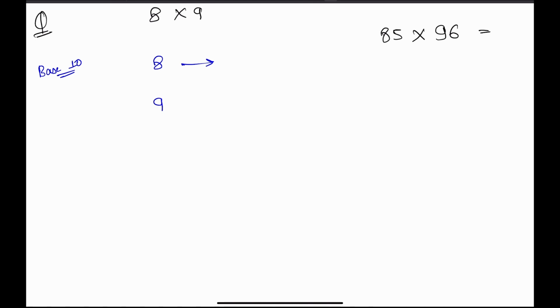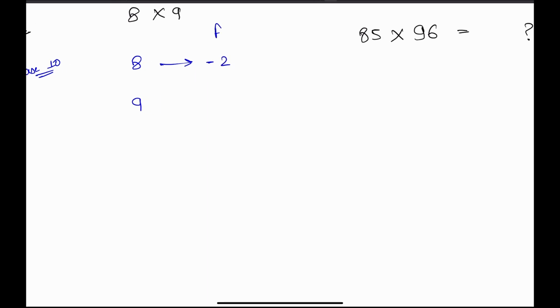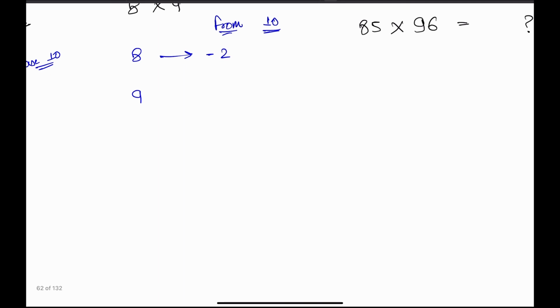If both numbers are less than our base, that is less than 10, then we write the number we should add to make it equal to our base. In 8 we need to add, from base 10, 8 is how much less? 2 less. Similarly 9 is 1 less. So we write this.